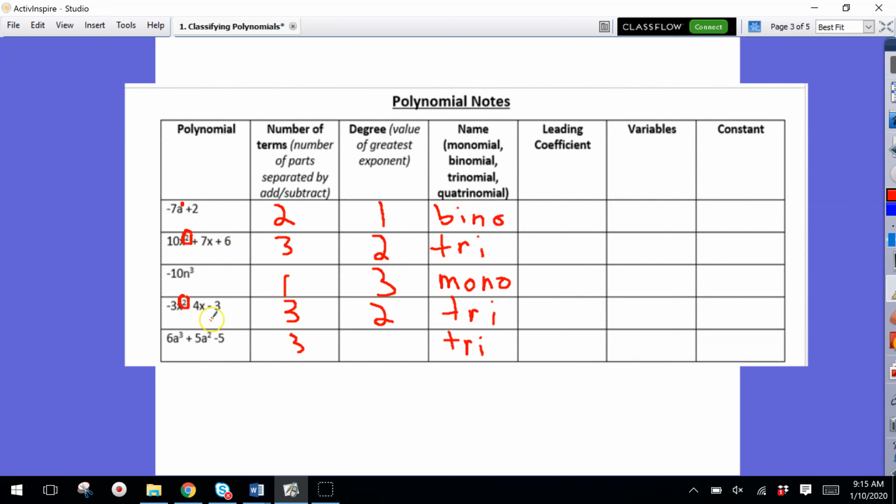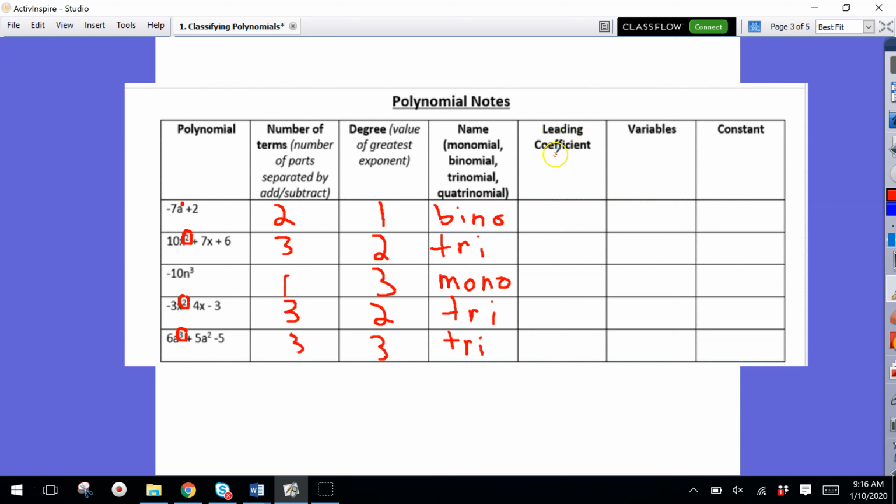They're both trinomials that have a degree of 2, which is what we're going to be dealing with in the future. Now this trinomial has a degree of 3 because the highest exponent is 3. So again, the degree is just the highest exponent that I have. Eventually we're going from a degree of 1 to a degree of 2.